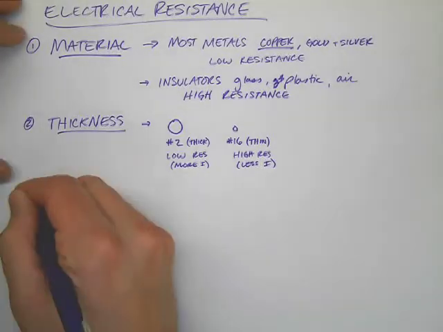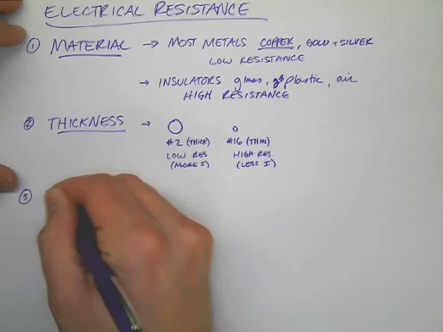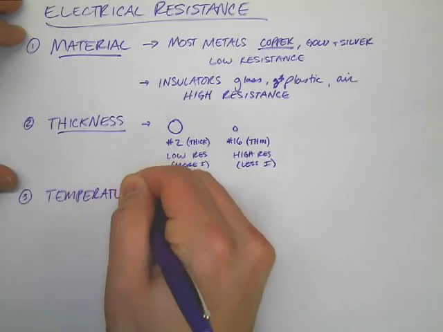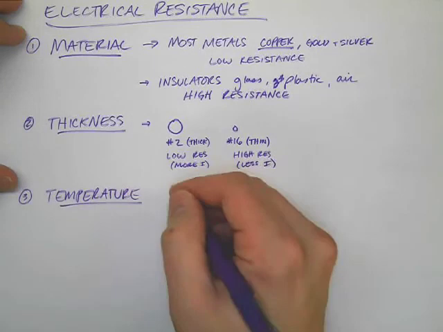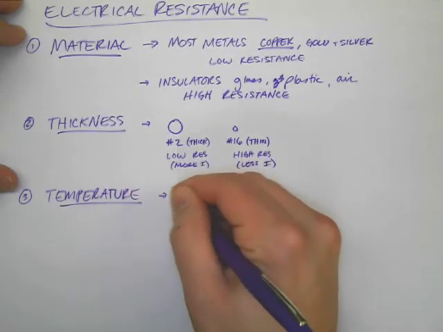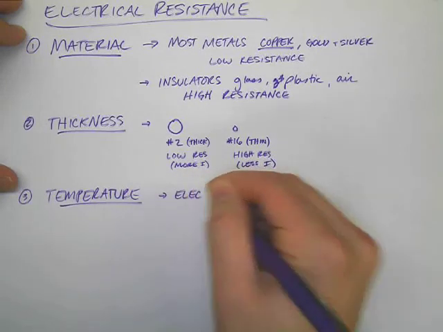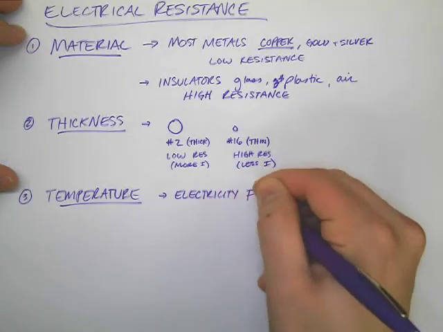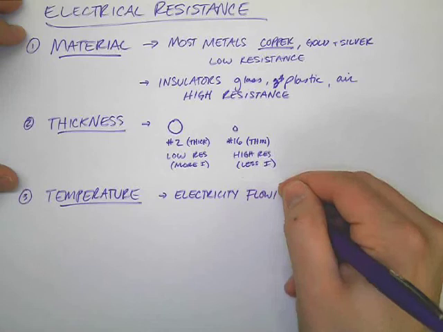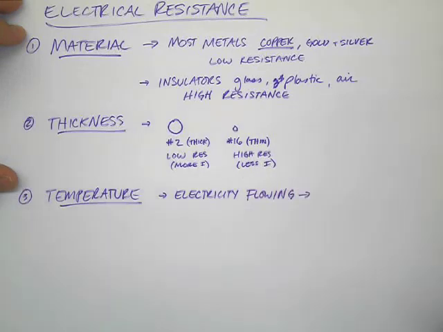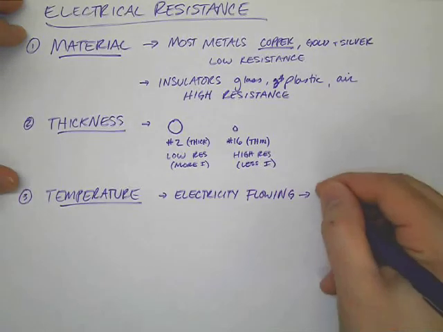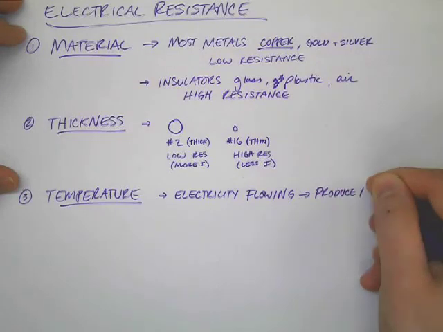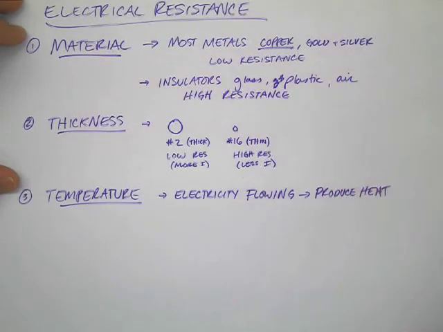Another thing is temperature. One thing you'll notice as we're doing labs is when you have electricity flowing, it causes the objects that it flows through to produce heat. Right? They heat up.